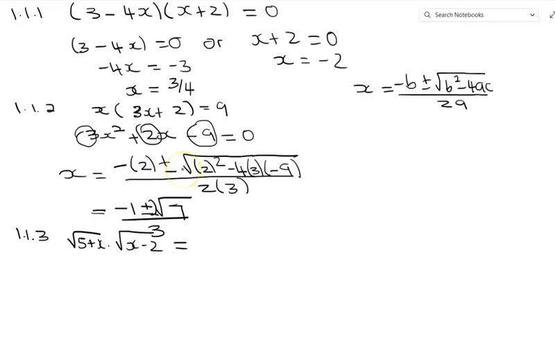So here we're going to have 3 and square root of 2.